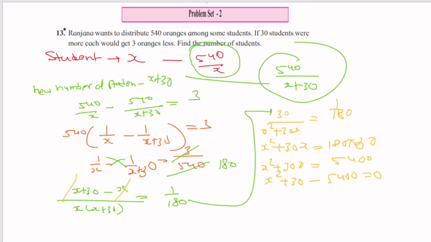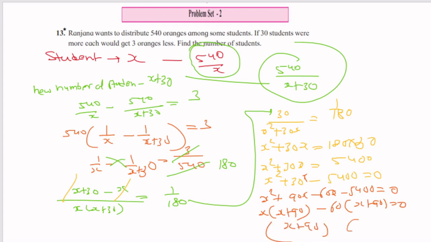You can use any method, but here the factor is very easy. So I can write x square plus 90x minus 60x minus 5400 equal to 0. You can take x common, so x plus 90. You can take minus 60 common, x plus 90 equal to 0. So x plus 90 or x minus 60 equal to 0.